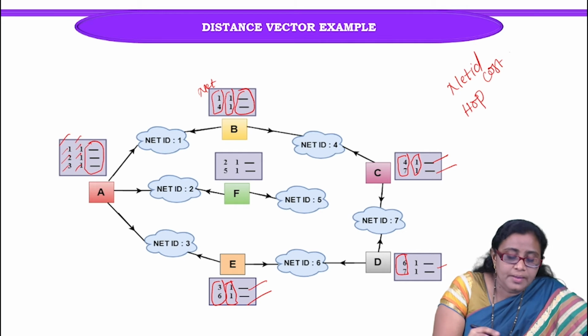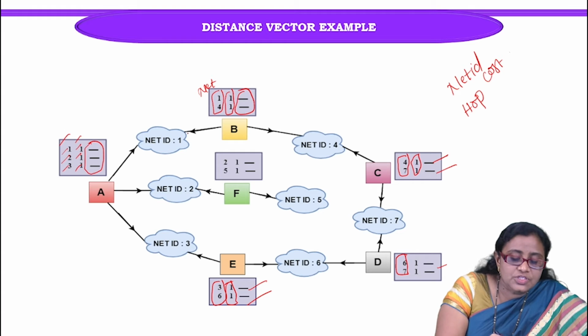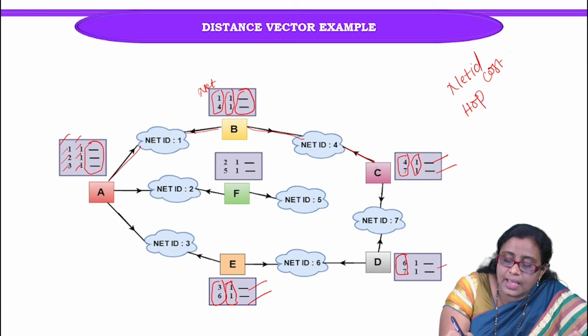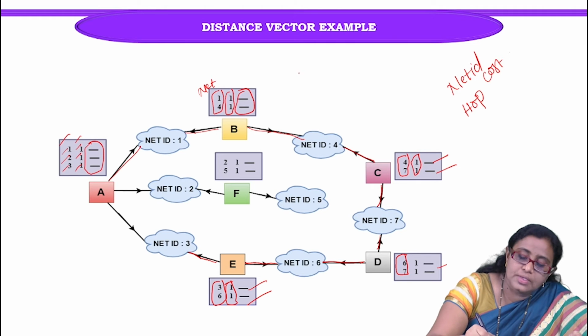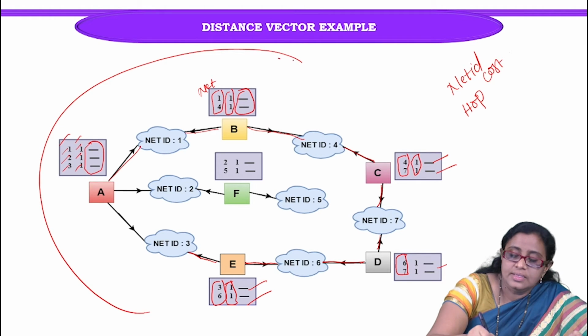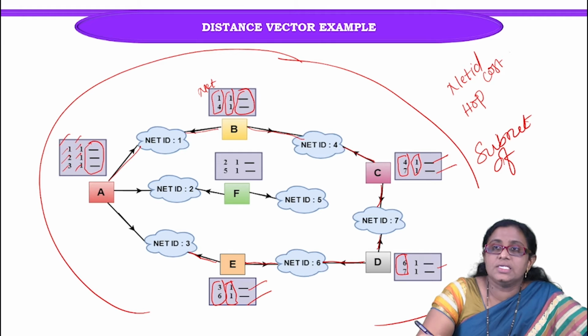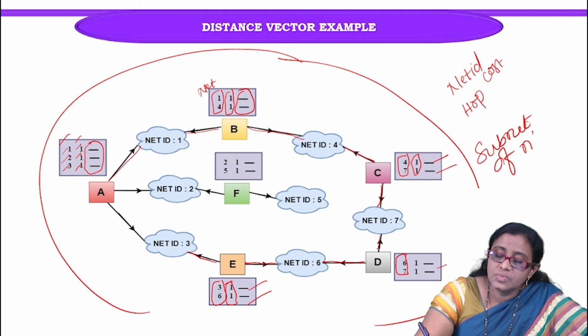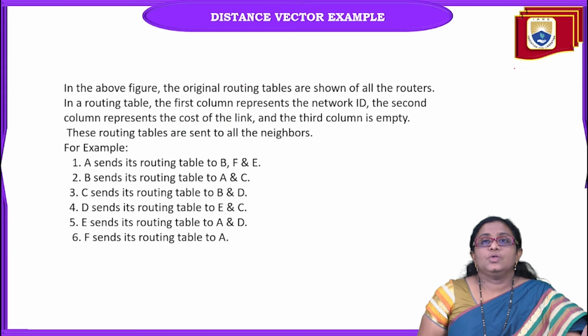From one network to another network, see how the links are associated with other networks to share their information through the subnet of networks, by means of those three constraints: net ID, cost, and hop.